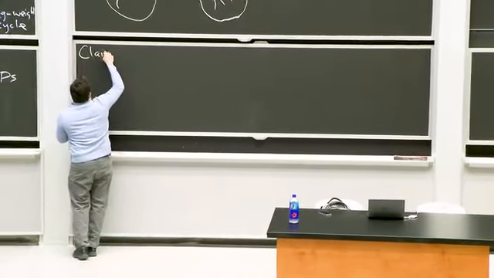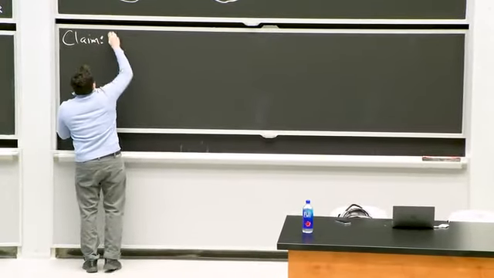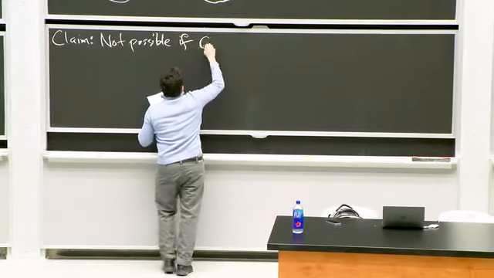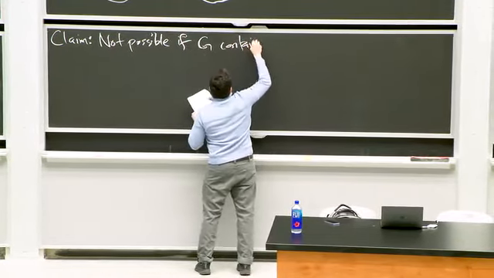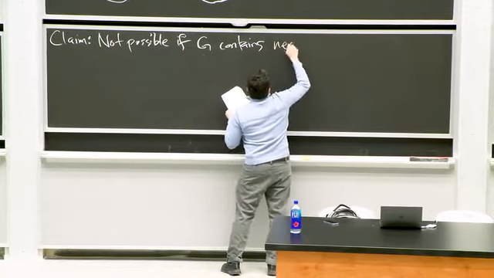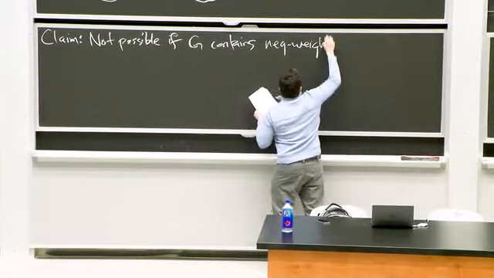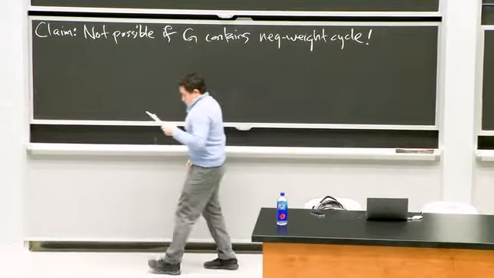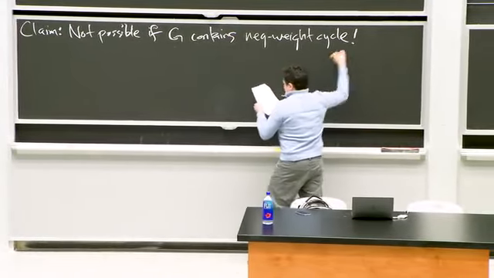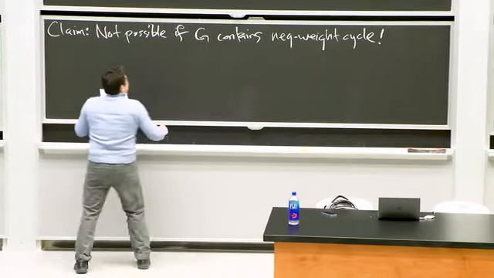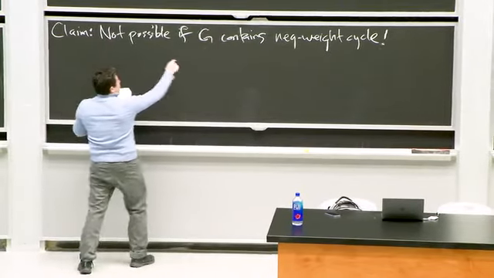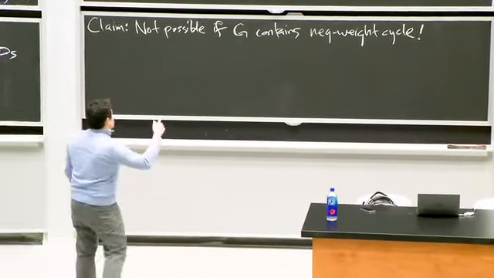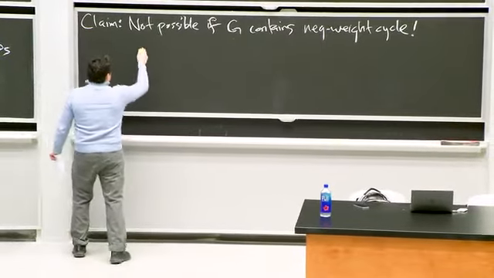So claim: not possible if G contains a negative weight cycle. So if G contains a negative weight cycle, then in particular, the shortest path in G, right?